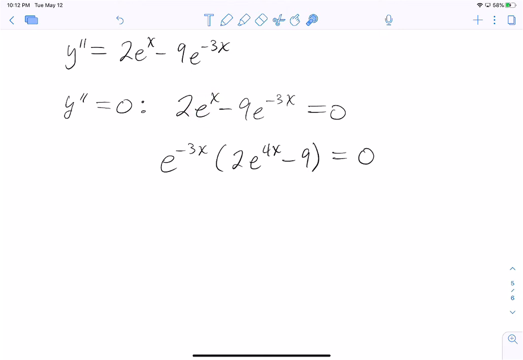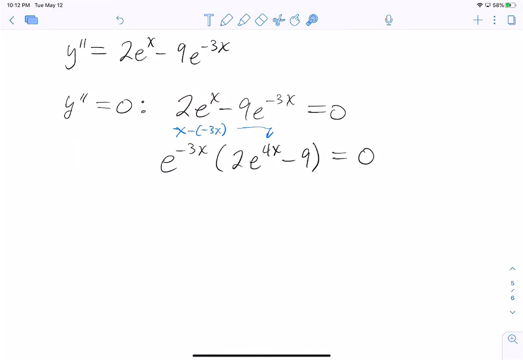Remember that if we factored out the negative 3x, the exponent becomes x minus a negative 3x, and so that's where the 4x is coming from. You can also convince yourself this is true by distributing: e to the negative 3x times 2e to the 4x will certainly give us 2e to the x.